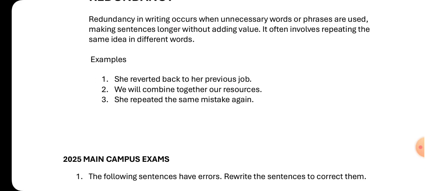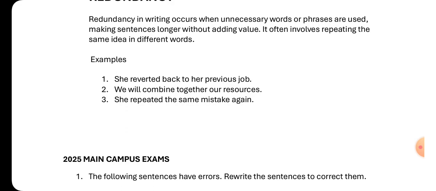For example, she reverted back to her previous job. Reverted and back cause redundancy. Reverted is the same as back. So you can say she reverted to a previous job.